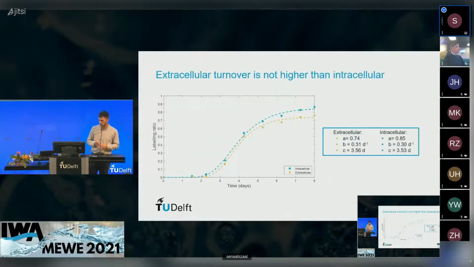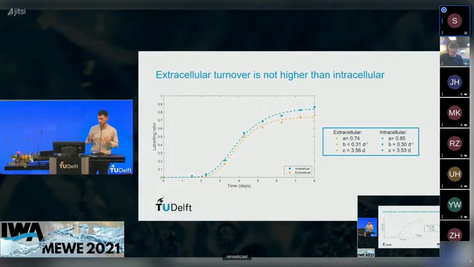So this is what we see in this figure: if we check the kinetic parameter B and the delay C, they are quite similar. The main difference is in the level of incorporation that they show. What we would expect, if extracellular polymers and proteins in this case are being consumed by others and recycled faster, is a higher turnover.